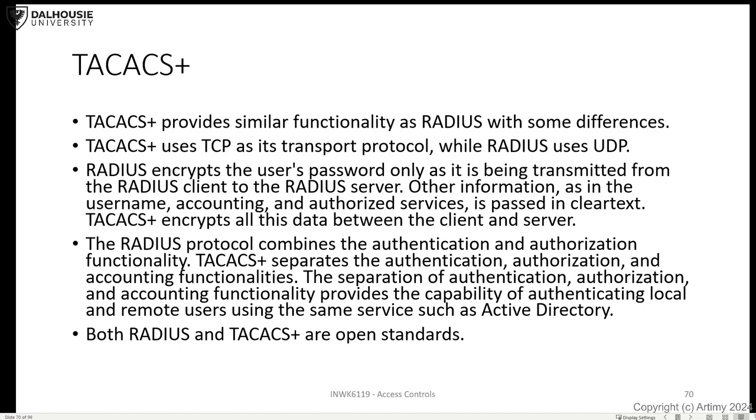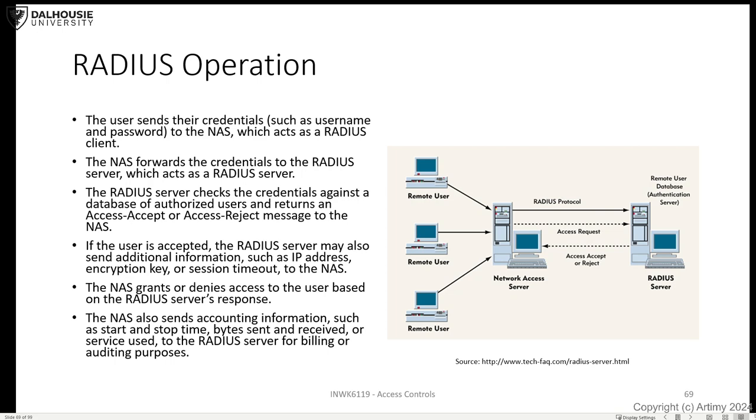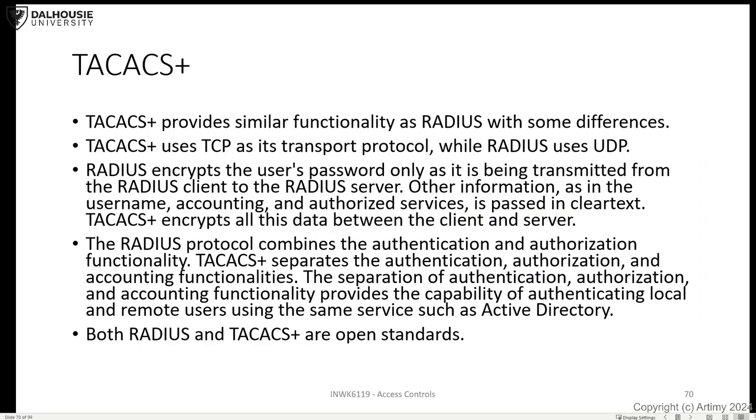Also, there are a few other differences. Radius encrypts the user's password only as it is transmitted from the Radius client to the Radius server, right? So only this part here: this is the Radius client, which is the NAS, and this is the Radius server. So the password is encrypted in this link, right?